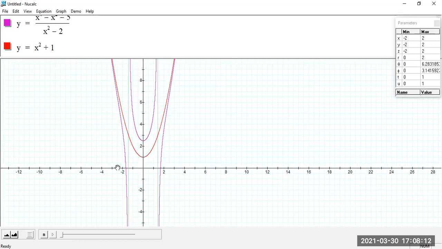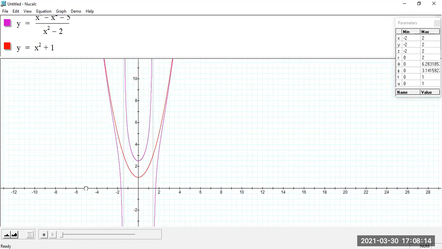When we zoom in around 0, the graph of that rational function differs significantly from the graph of that quadratic function.